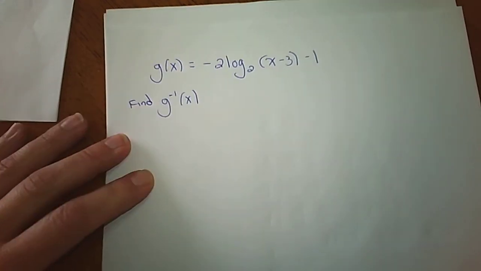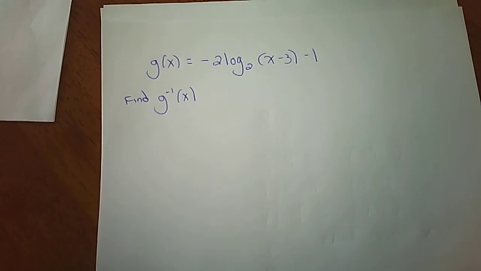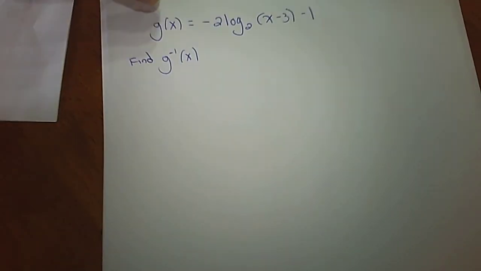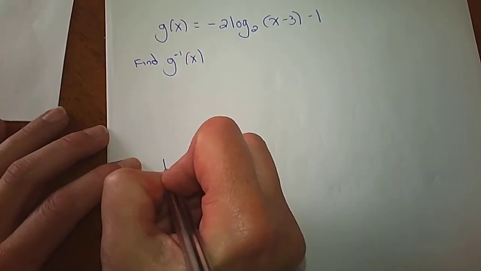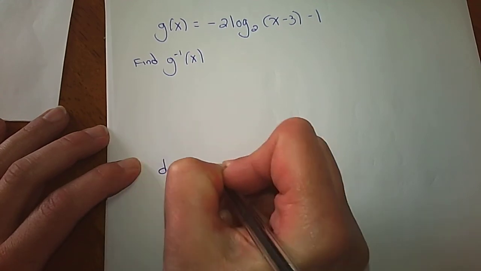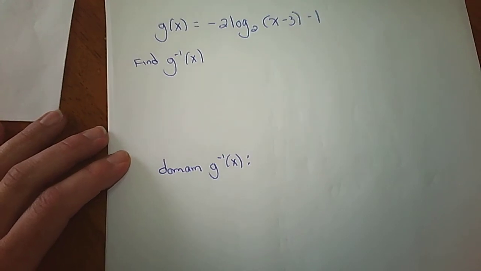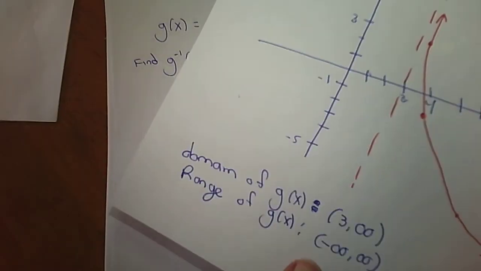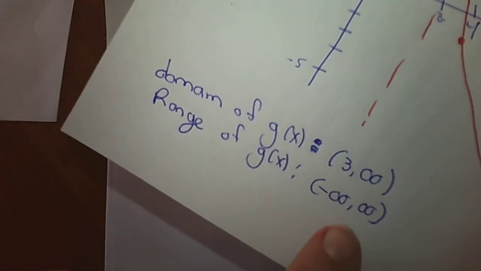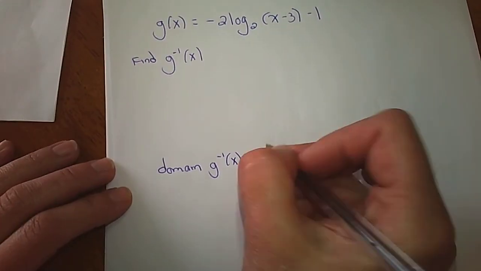I had also asked you to find the domain and range for the inverse, which I'm hoping you got immediately. The domain of g inverse of x is going to be what? I hope you realize it's the range from the original. You flip-flop them.